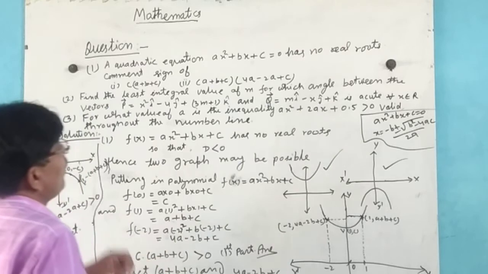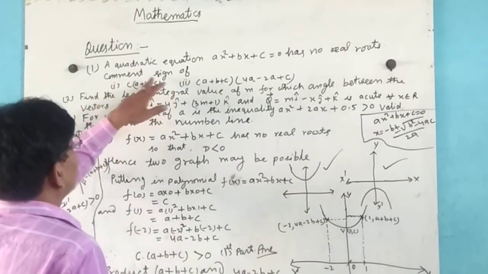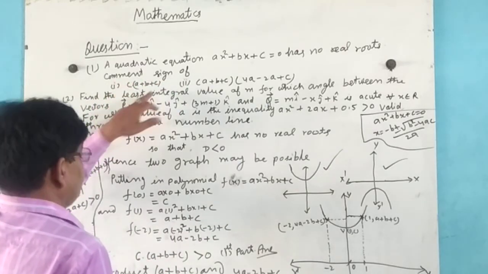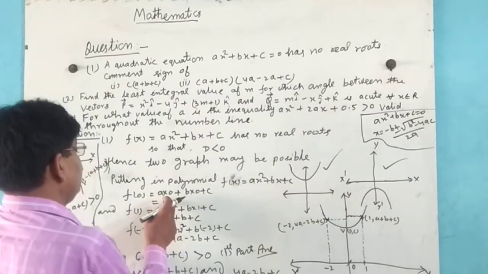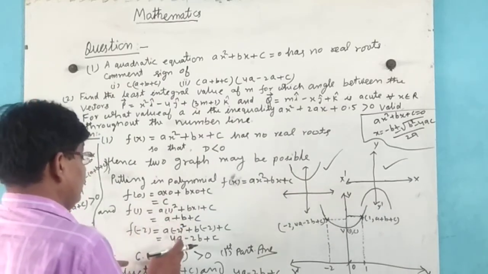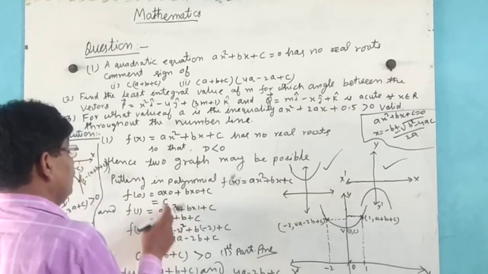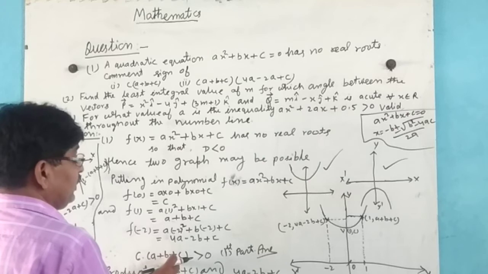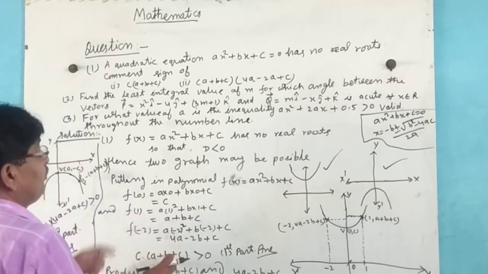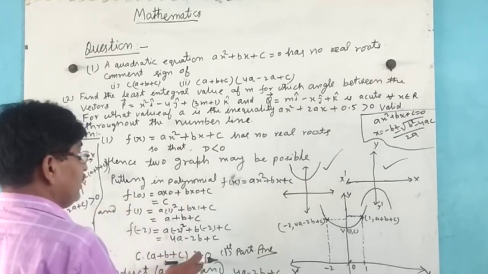Now we comment on the sign of c(a + b + c). Here this is c, the value of c, and this is a + b + c. Now c(a + b + c) is also positive, so that this is greater than 0.